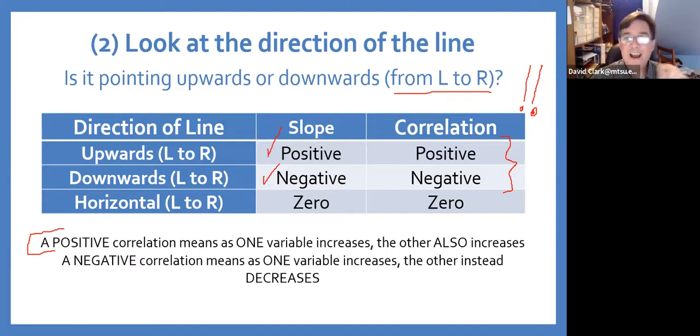So as you exercise more per week, your resting heart rate is going to decrease. More exercise per week equals less beats per minute for heart rate. That's a negative relationship. The one on the right.